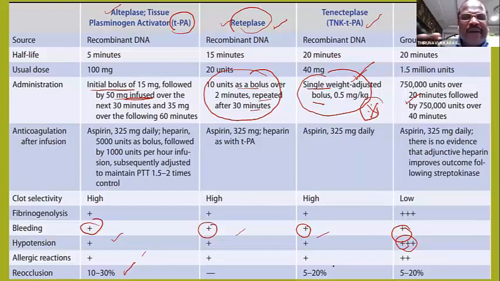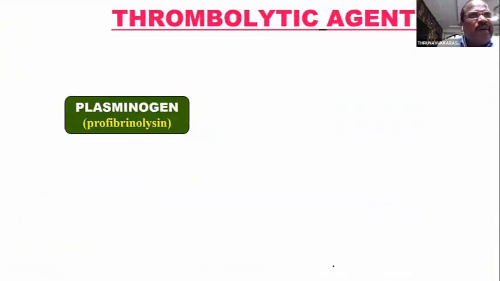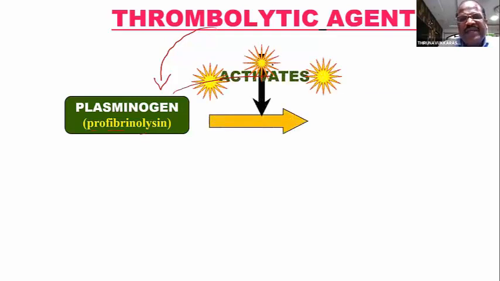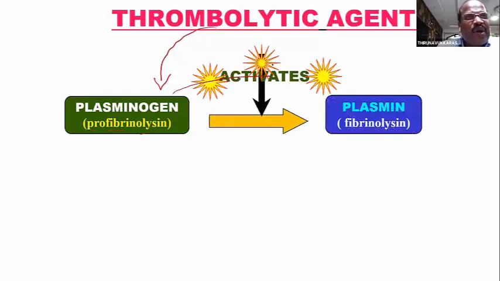So that was the comparison. But coming to the real pharmacology part, look here at how the thrombolytic agents work, how they dislodge the clots. All the thrombolytic agents activate plasminogen, called profibrinolysin. By activating this, it becomes fibrinolysin, that means plasmin. So all the thrombolytic drugs are plasminogen activators.